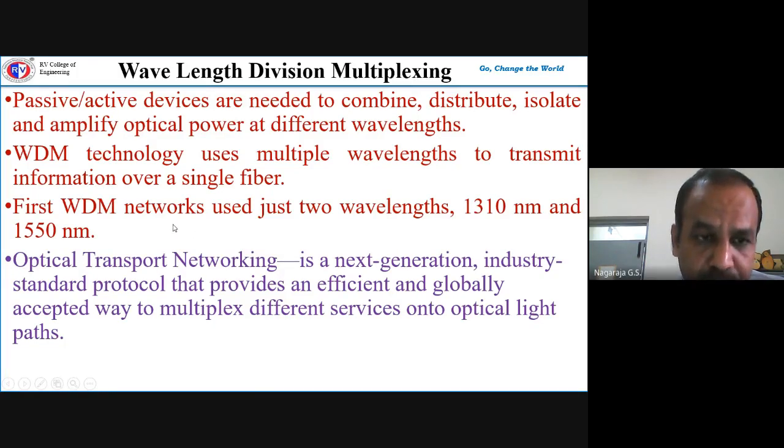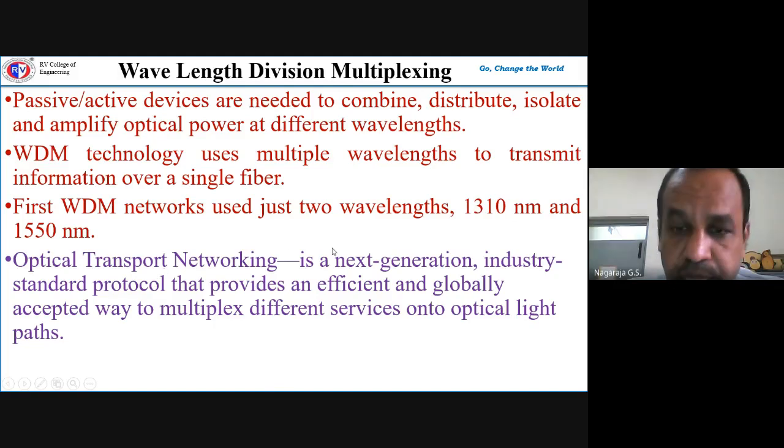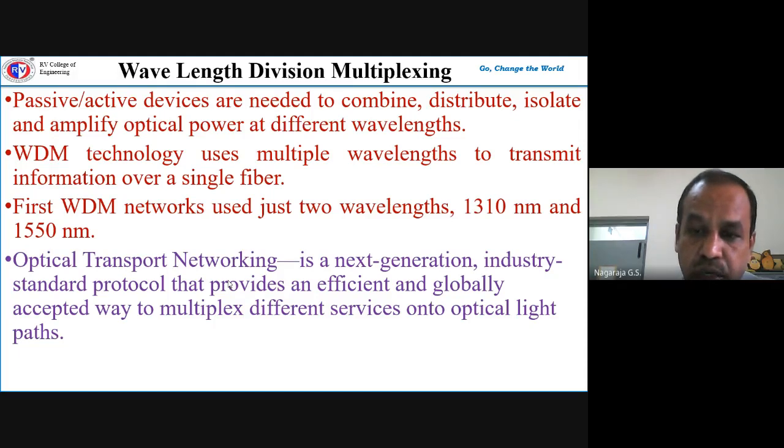At first, WDM networks used just two wavelengths: one is 1310 nanometers, and the other is 1550 nanometers. Optical transport networking is a next generation industry standard protocol that provides an efficient and globally accepted way to multiplex different services onto optical light paths, because globally everybody is switching over from Ethernet technology to fiber optic technology.